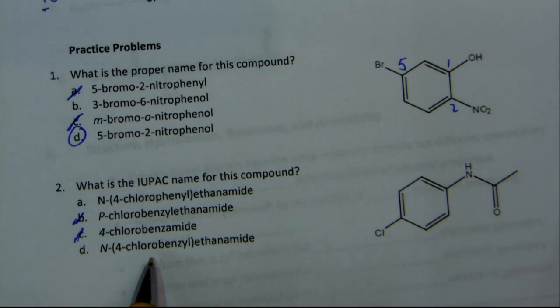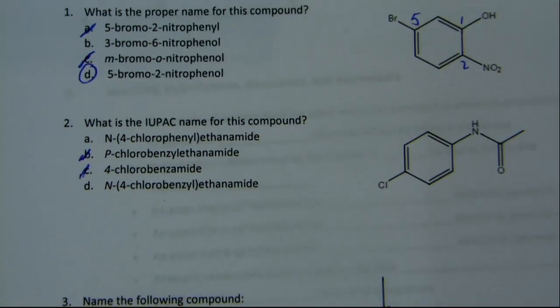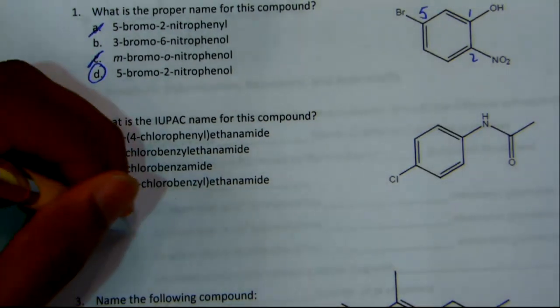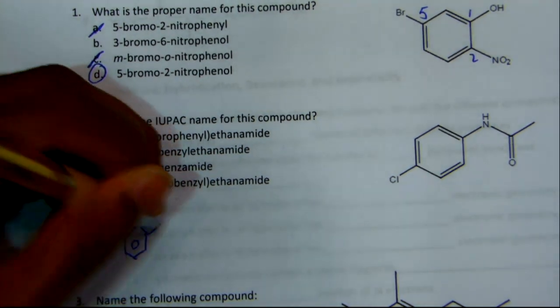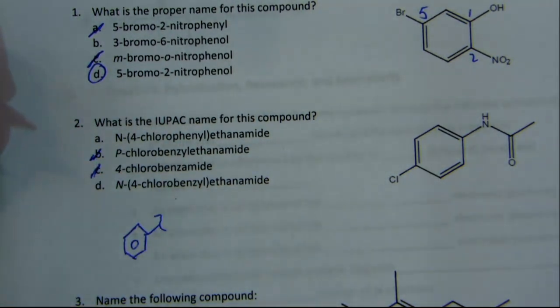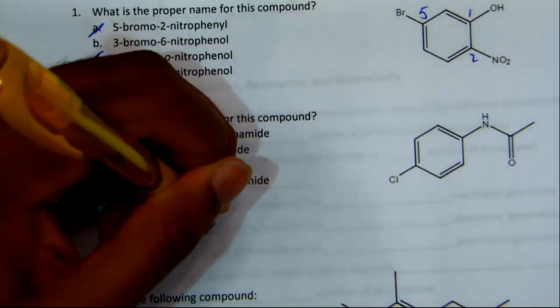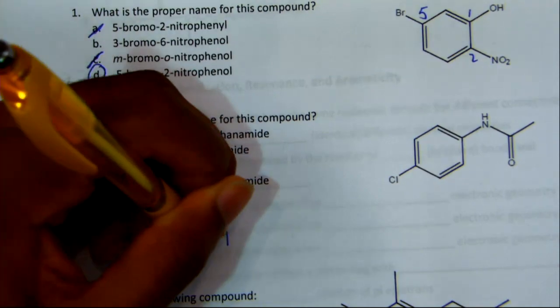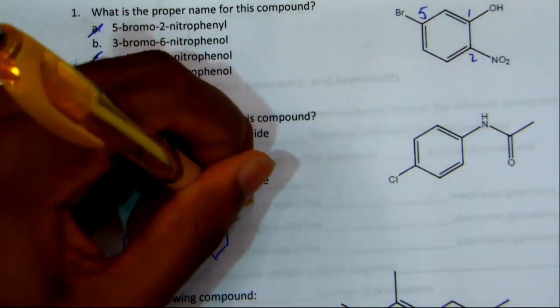All right? So the difference between phenol and benzyl, once again, this is the IUPAC people, not me making this stuff up. A phenol group will not have a carbon off the ring. So if I had this, that would be my phenol. But benzyl would be this.